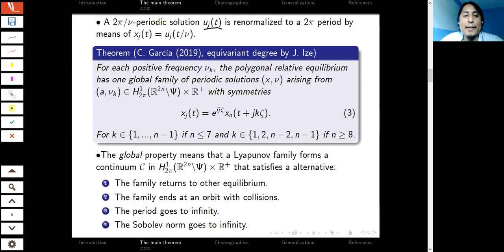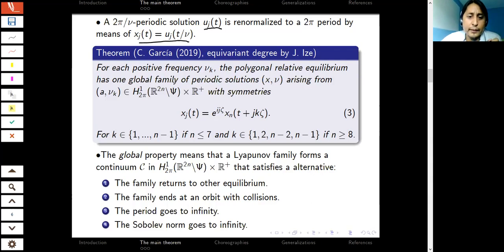I can renormalize that periodic solution with this transformation such that x is 2 pi periodic. This is just a rescaling in time, such that I obtain the frequency in the differential equation as a parameter. This is a theorem that was proven in 2019, using an equivariant degree, by Jorge Ize. I will go a little bit into the main ideas later.